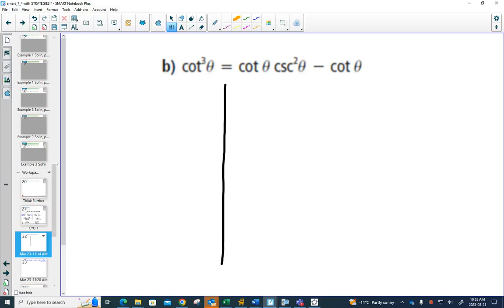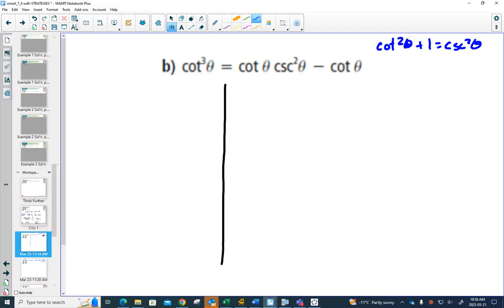I look on my formula sheet, and I see that cotangent squared plus 1 equals cosecant squared. I'll write that up at the top here. So on your formula sheet, you notice this: cotangent squared theta plus 1 equals cosecant squared theta.